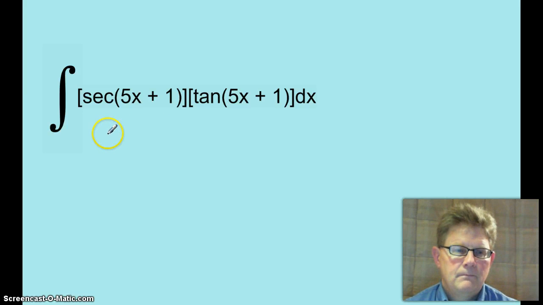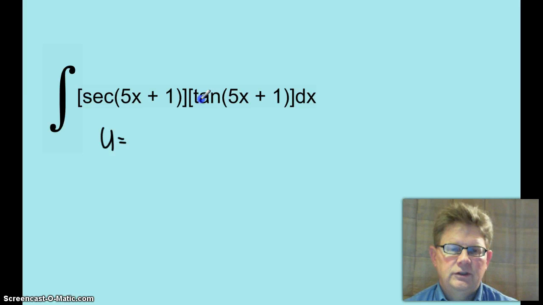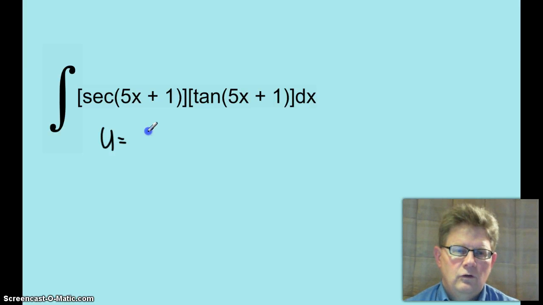Okay, we're going to let u equal, what are we going to let it equal? Okay, I see a secant times the tangent. Ooh, what's the antiderivative of secant times tangent? Secant. Yeah, okay. So if this were just a u, this would be a whole lot easier. So we'll say u equals 5x plus 1.